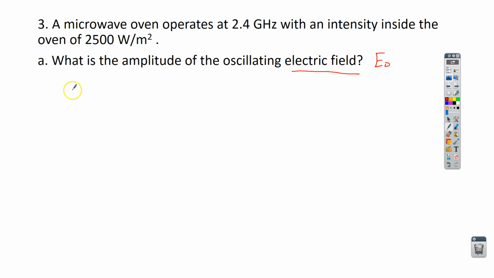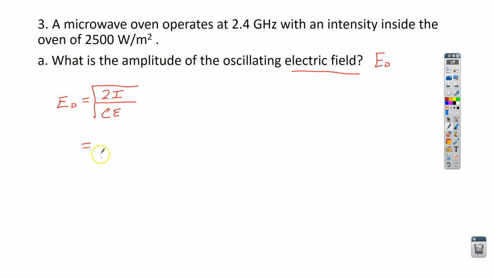We know that our equation here is the E0 value should be equal to 2 times the intensity all over the speed of light times that electric field, and we need to do this to the square root.